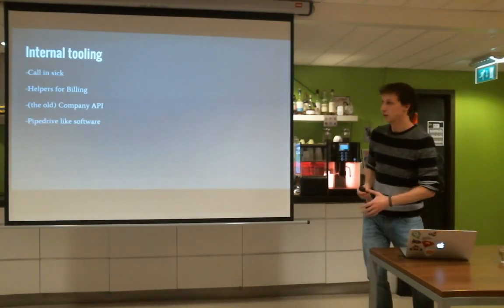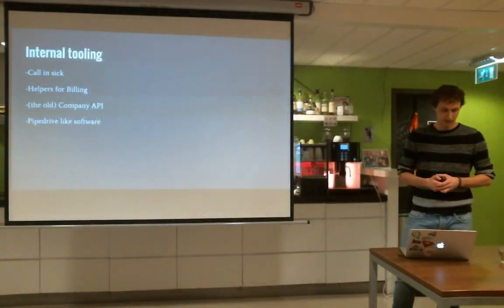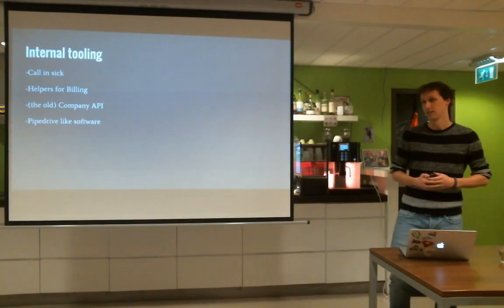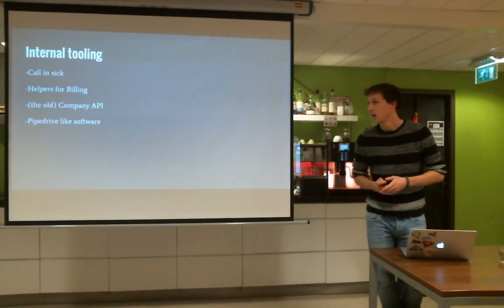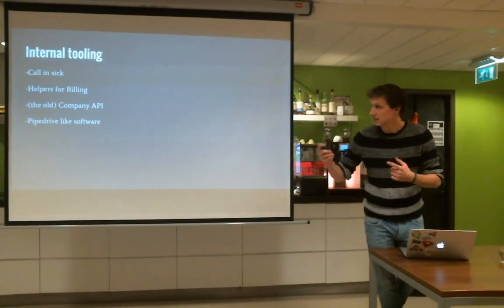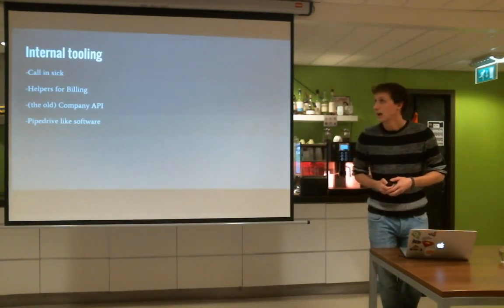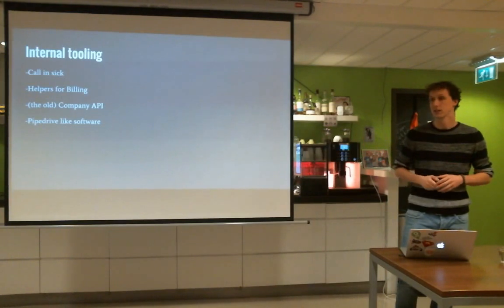It's the old one. The new one is what Lukas is going to talk about in the next talk. And we have a Pipedrive-like software we call Pipeline, for our leads. Also connected that to our company API. And these are all tools we build ourselves.